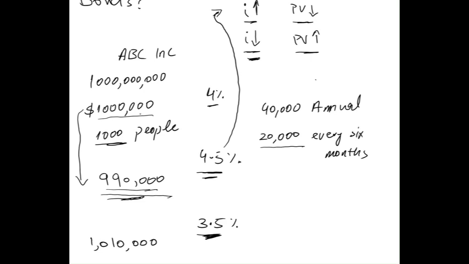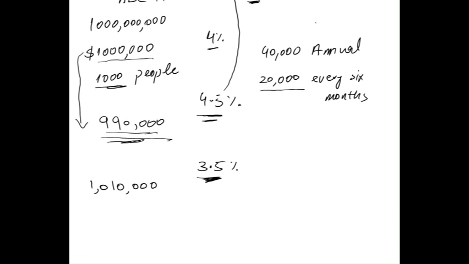So the bond's face value, original value, was $1 million, but now if an investor wants to buy this bond that is going to be paying $20,000 every 6 months, they have to invest more because lower interest rates, higher present values. So they will have to invest more, in that case, pay a premium to buy this bond. So these are called premium bonds.